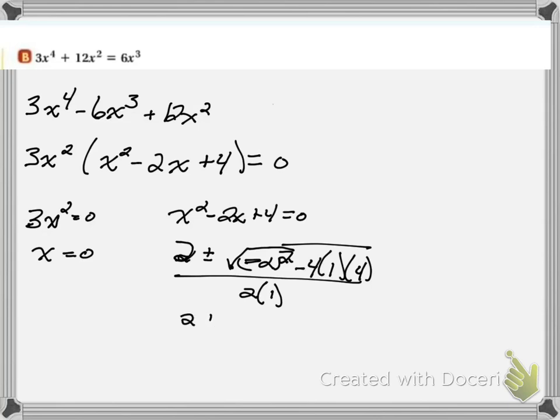So 2 plus or minus square root of, ends up giving me negative 12 under the radical over 2. So again, pull the i out, reduce your radicals, you get 2 plus or minus 3i radical.